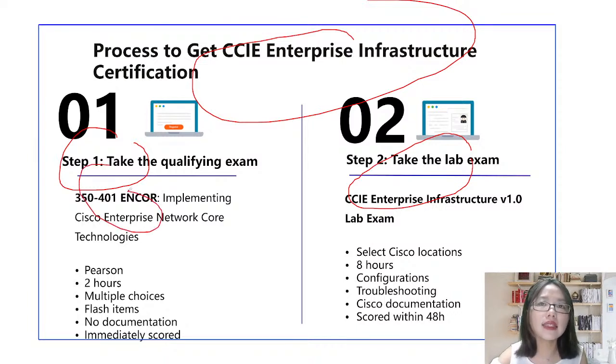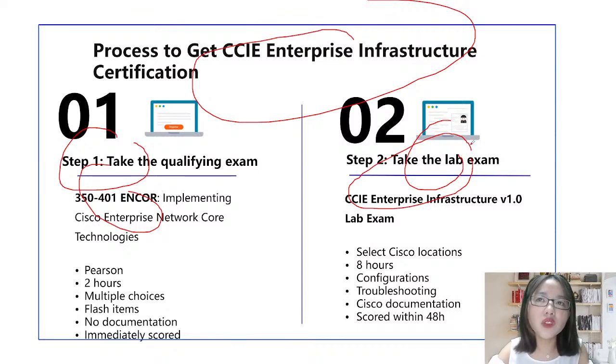This exam tests a candidate's knowledge of implementing core enterprise network technologies, including virtualization, infrastructure, network assurance, security, and automation. After passing the written test, you can take the second test. And the second is the CCIE hands-on lab exam, covering enterprise networks through the entire network lifecycle, from designing and deploying to operating and optimizing.